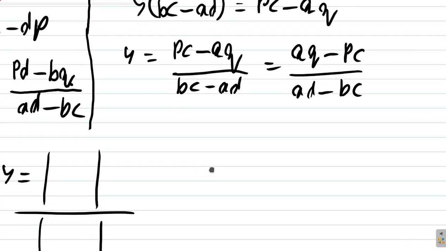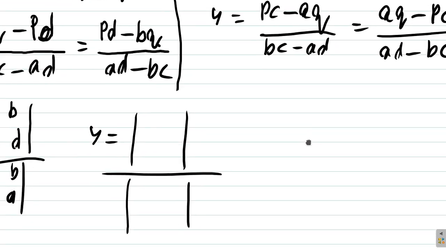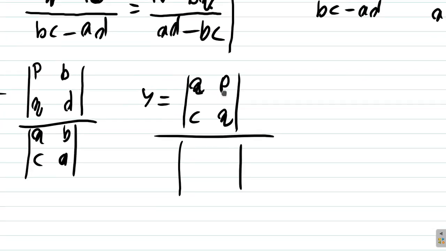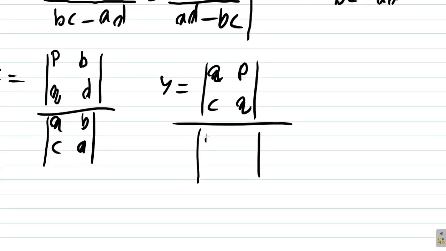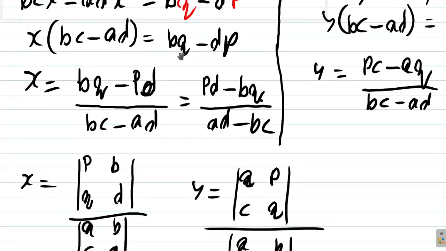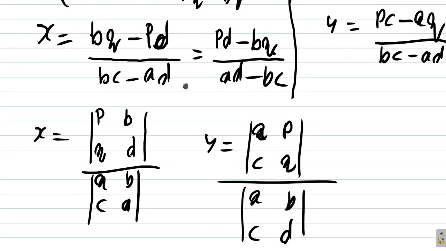We have aq minus pc over the same ad minus bc. So it's a, b, c, d. Now, let's fix them up to make them look like Cramer's rule.